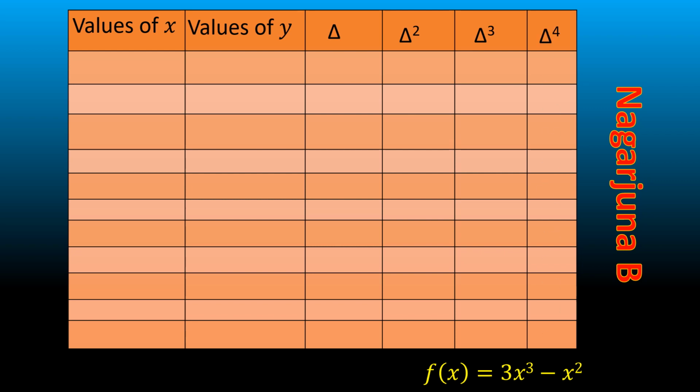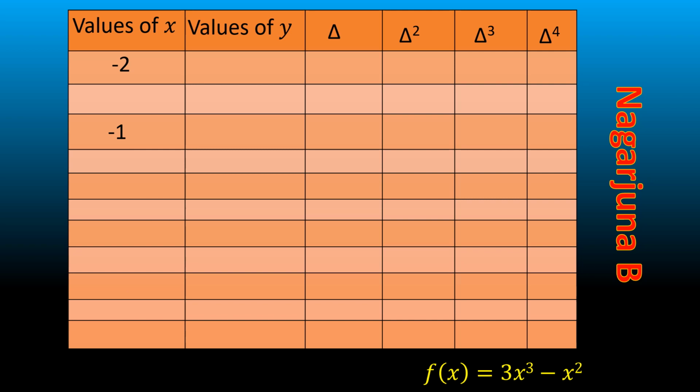The values of x they are given as x is equal to minus 2 of 1 2. That means the first value should be minus 2 and the last value should be 2, and each time it has to be incremented by 1. So the first value minus 2, the next value minus 2 plus 1 will be minus 1, that you need to write by leaving one row gap in the values of x.